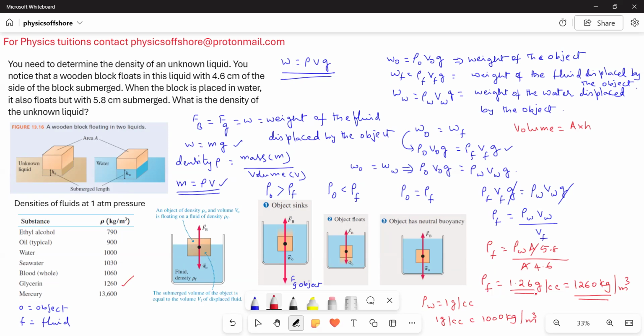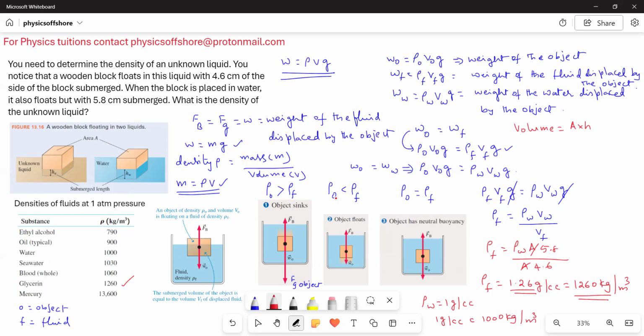We got the density of the unknown liquid as 1.26 grams per cc or 1260 kilograms per cubic meter, and this is nothing but the density of glycerine. Therefore, the unknown liquid is glycerine. This is how we have to solve the problem.